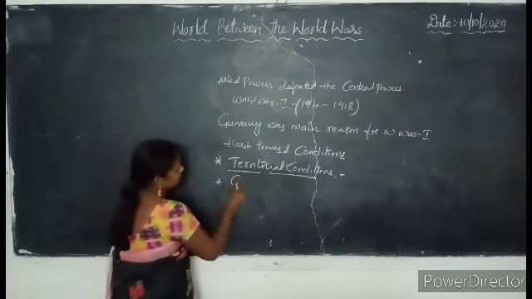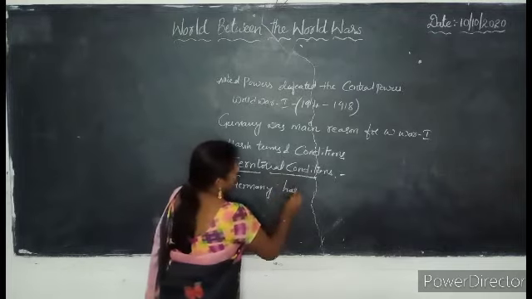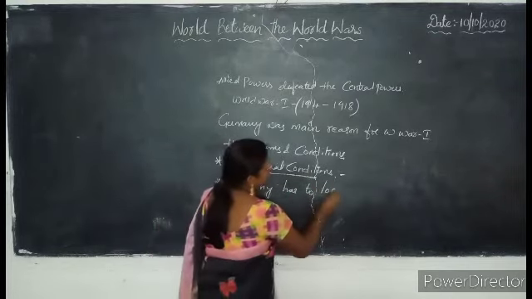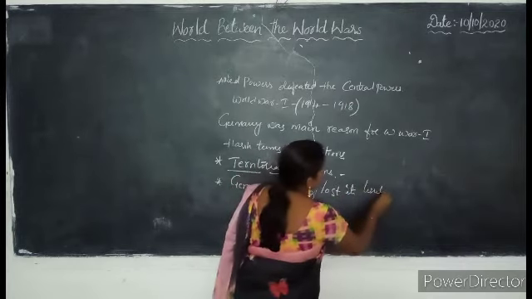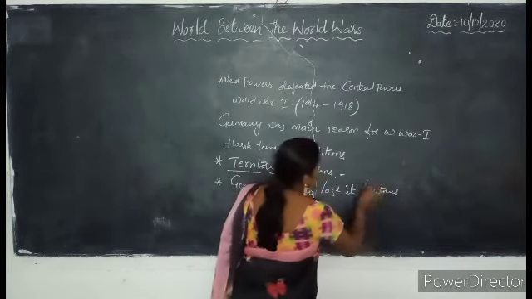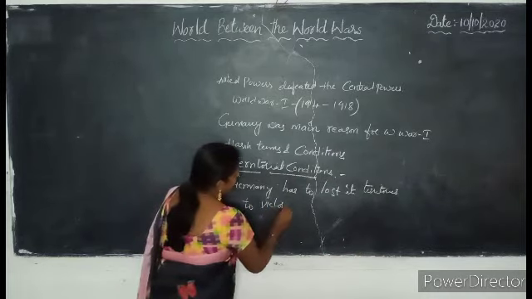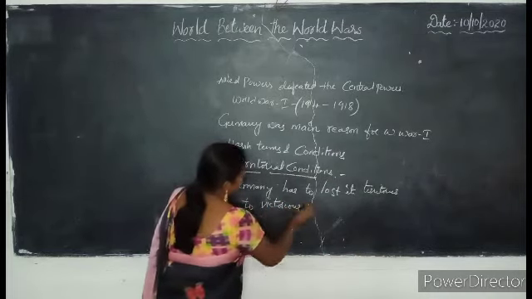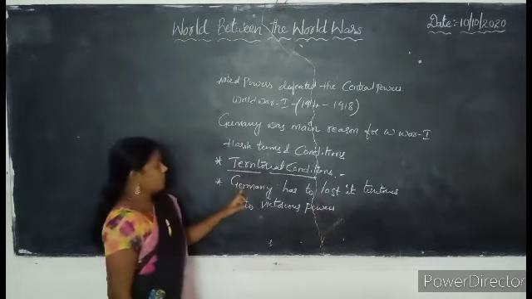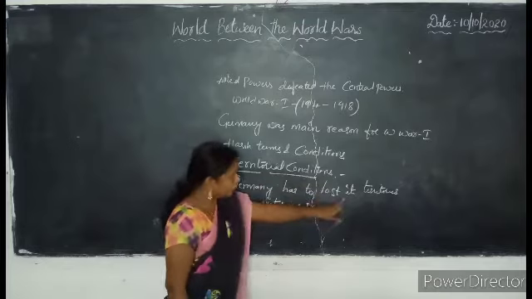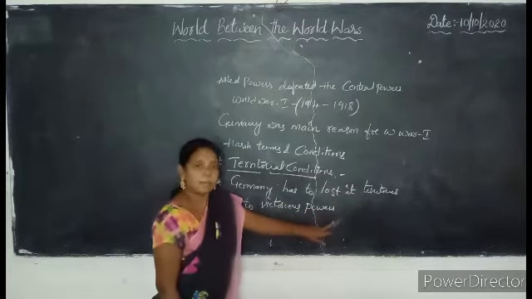Germany had to lose its territories to the victorious powers. Germany had to give back its territories to the victorious nations.